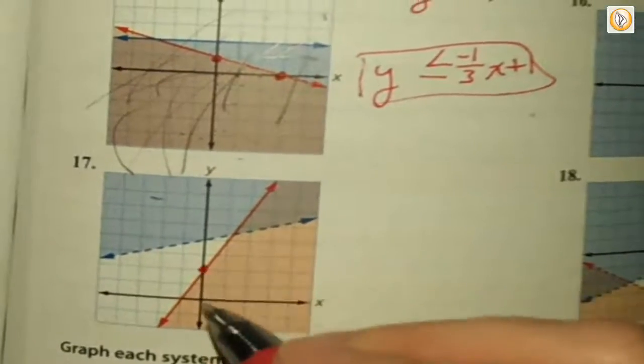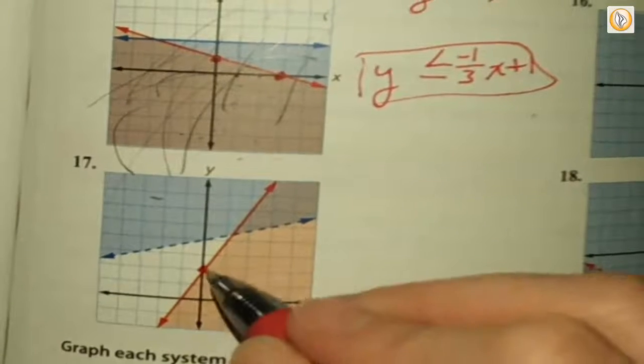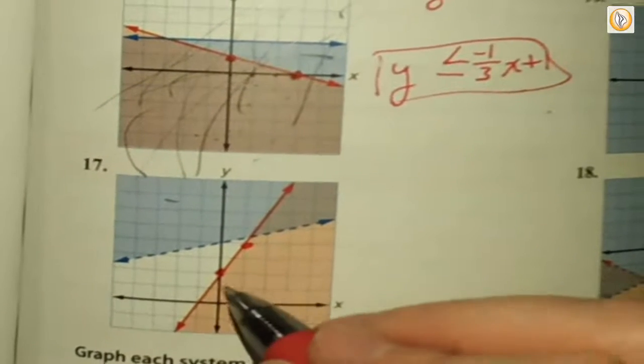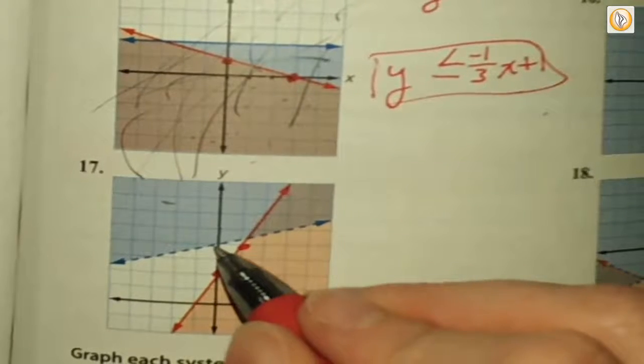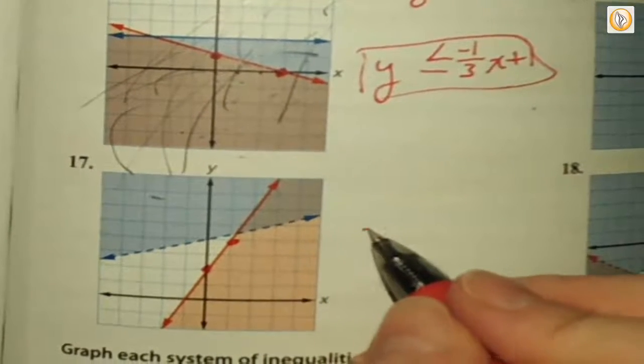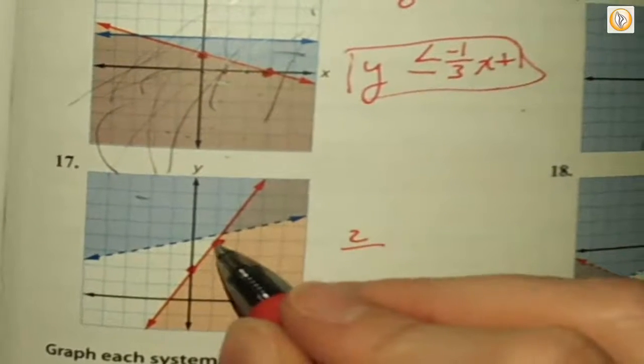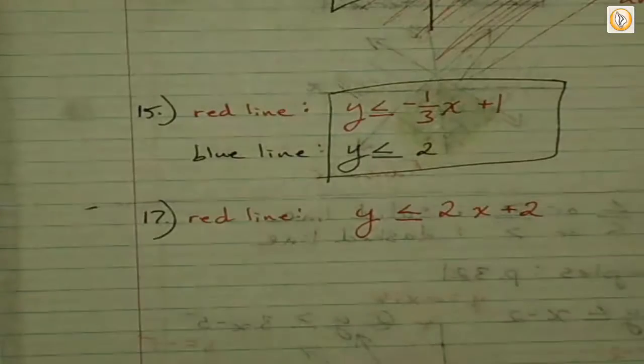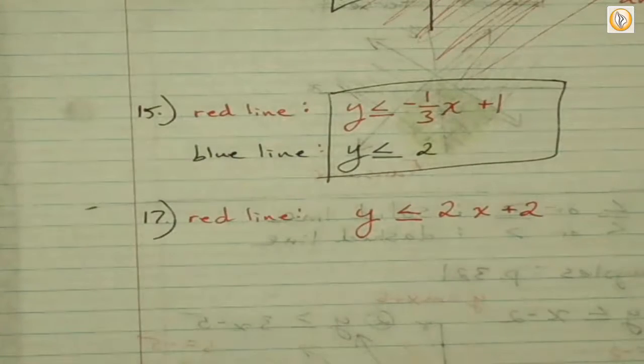We went right here, and well, you can go down if you want, but right here is your next intersection. So then you would go up 2, so that's a positive 2 on your rise, and then right 1, that's another positive, so it's 2 over 1. Did you see that? And then we just call it 2.